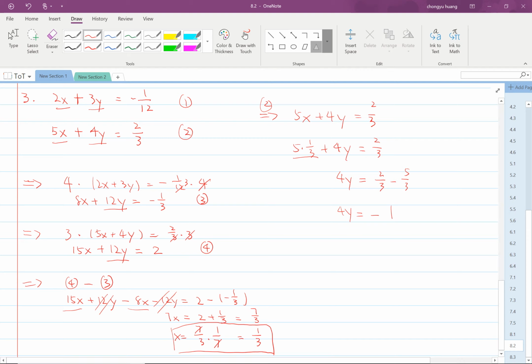So 4y is equal to negative 1, and finally y is negative 1/4.